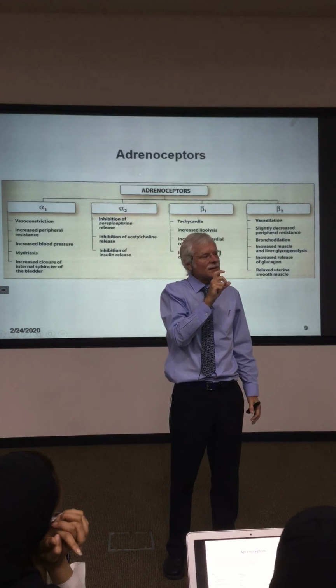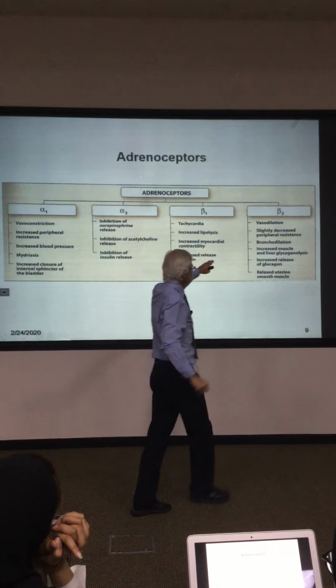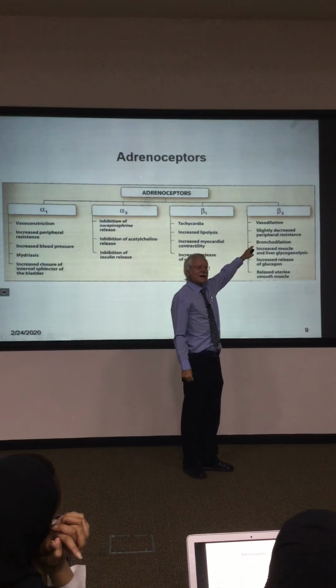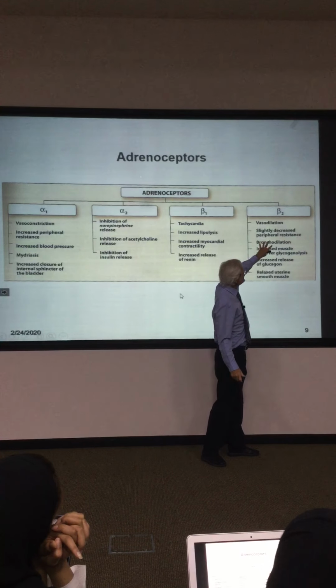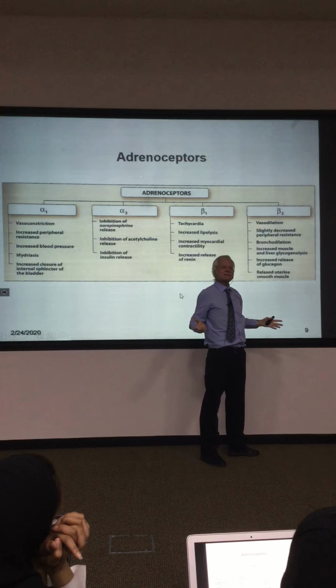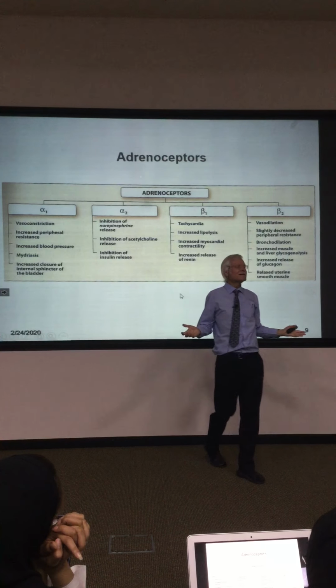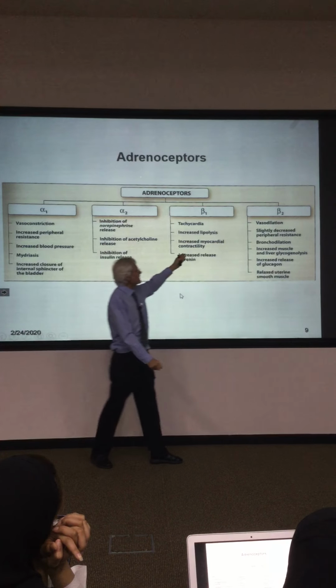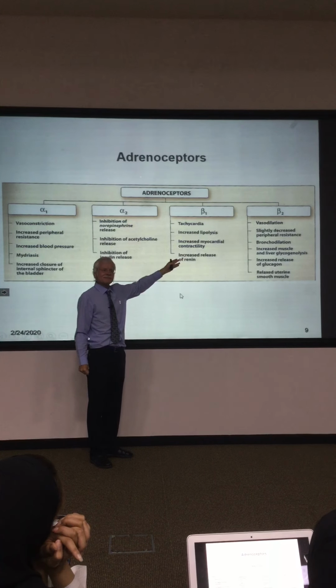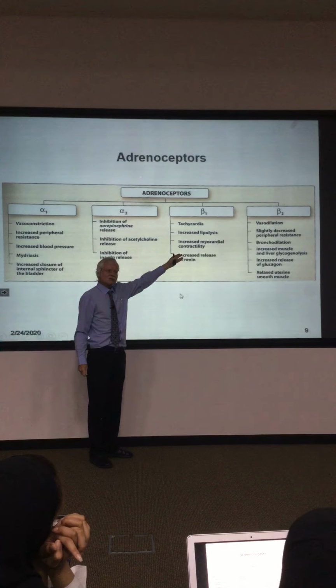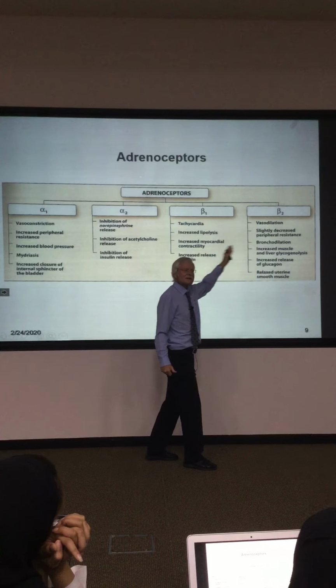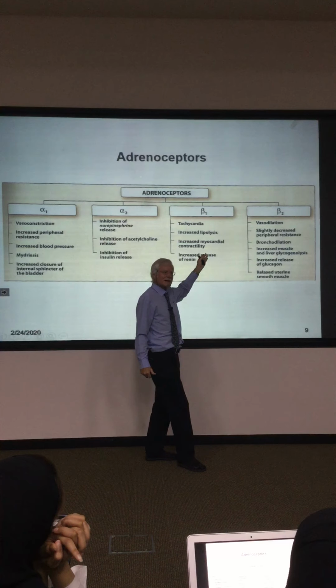Now, salbutamol is a selective beta-2 agonist, so it will affect the bronchioles. You'll be able to breathe more easily, but not much of an effect in the heart, because salbutamol is a beta-2, not a beta-1 agonist.